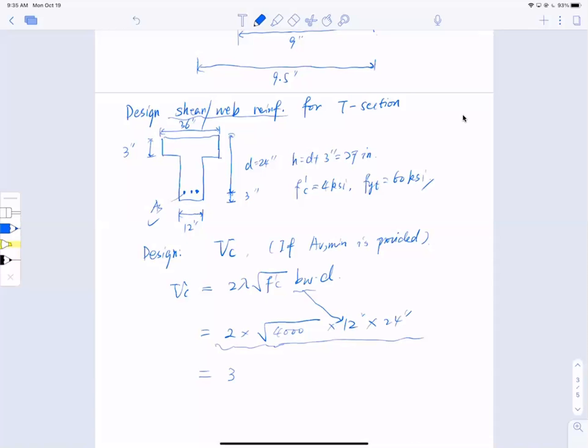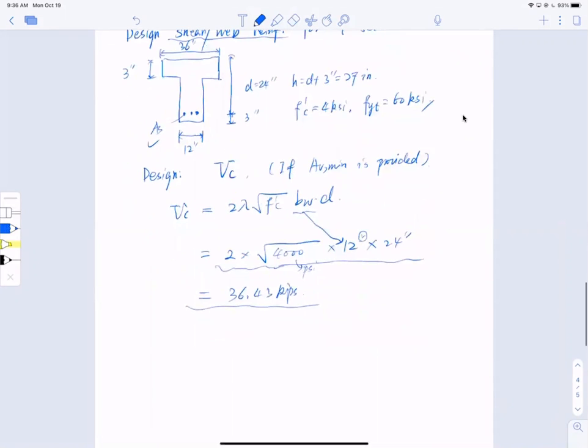Dividing by 12,000? The 12 is already inches and this is psi, so you only divide by 1,000. Oh yeah, my bad. Can you do it again? 36.43. Good. So this is Vc.